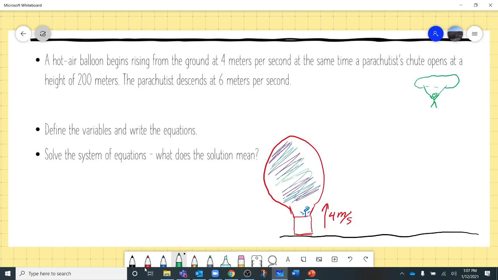That works, right? Looks like a parachute. So there's our parachutist, and I don't know why, not a skydiver, he's a parachutist. And at the time that the balloon starts to leave, he is at a height of 200 meters, and he's going down at a rate of 6 meters per second.